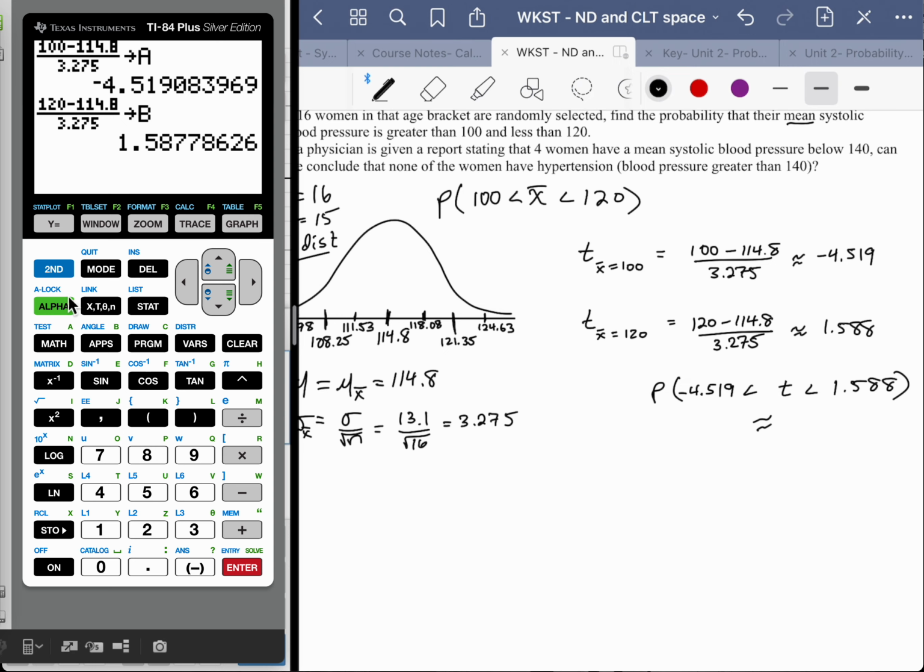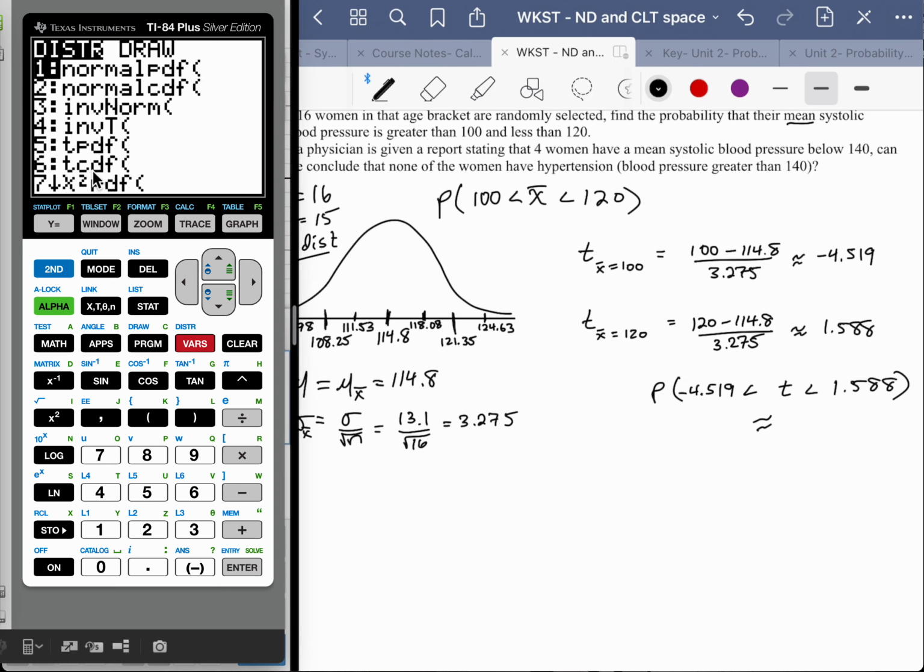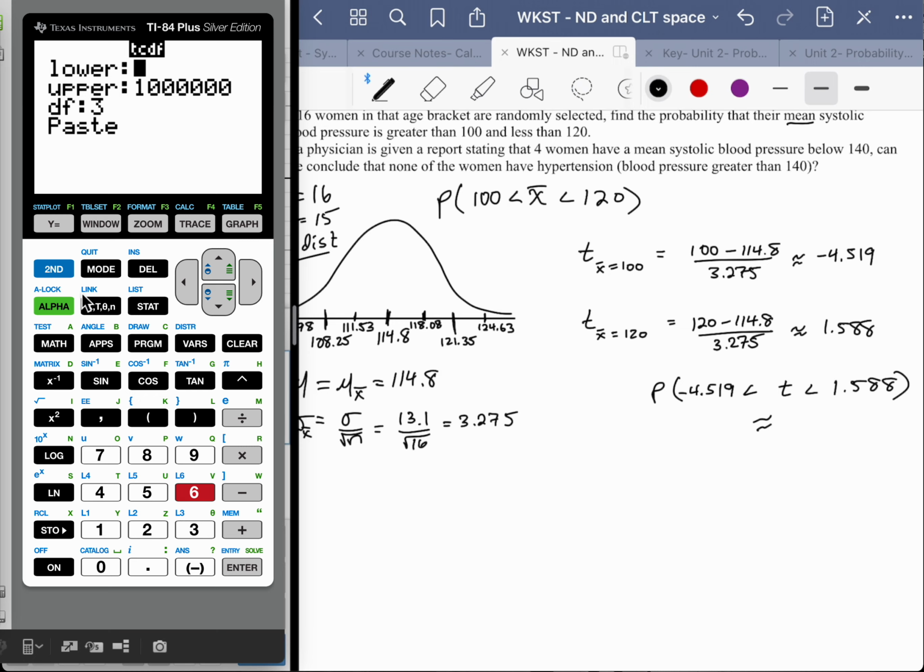All right, so second bars, TCDF option 6, going from A to B with 15 degrees of freedom. Why the 15 degrees of freedom?